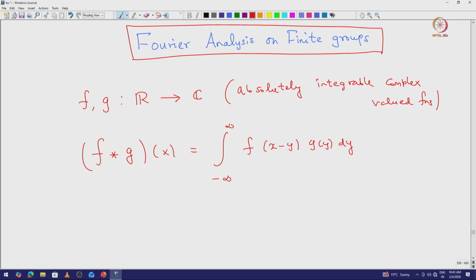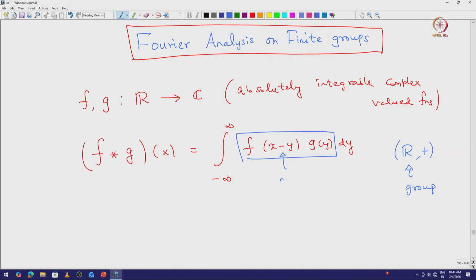Now note that in this formula, the important thing that we use is that R is a group. R with respect to addition is indeed a group. So here in this formula the group translation is used.